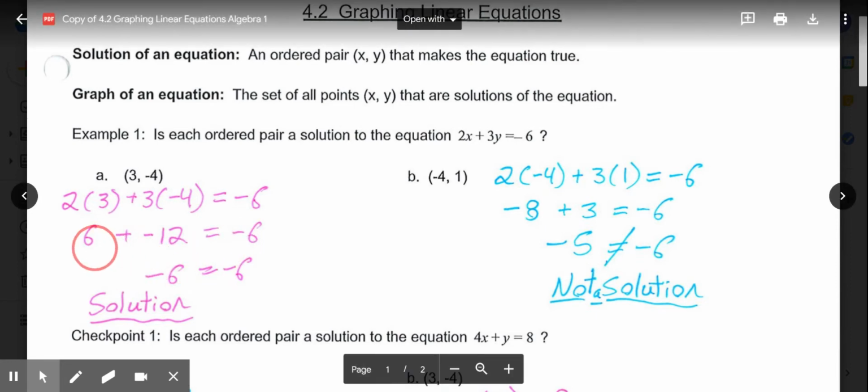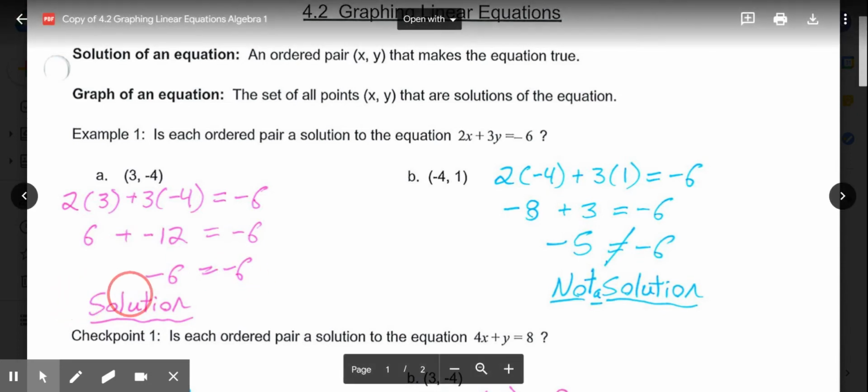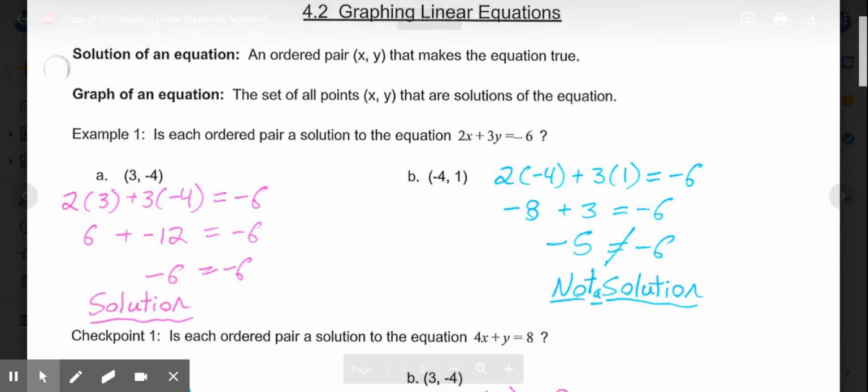If we simplify the left, 6 plus a -12 is -6. So -6 equals -6 is true. So that means that this ordered pair is a solution to that equation, meaning that ordered pair would be on the graph.